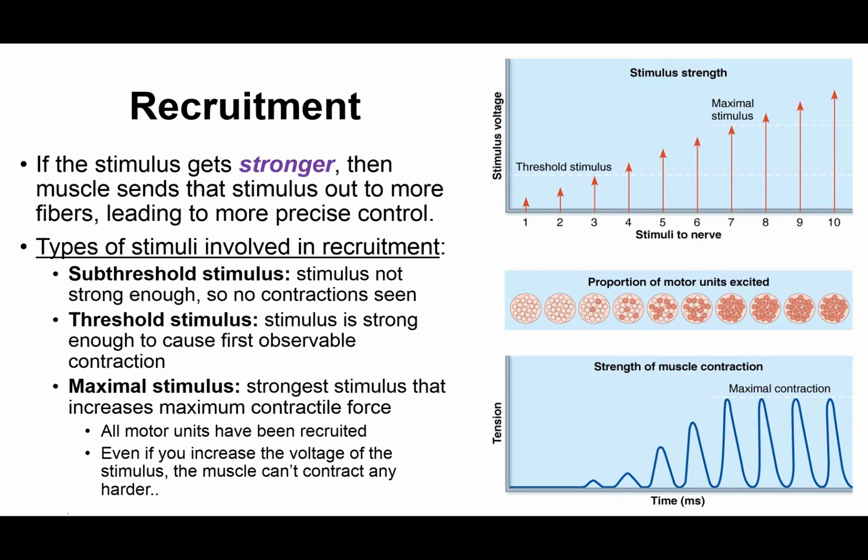And this is going to lead to more precise control of the muscle. In terms of recruitment, we're recruiting more fibers in order to handle the stimulus. The types of stimuli involved in recruitment include subthreshold, threshold, and maximal stimulus.